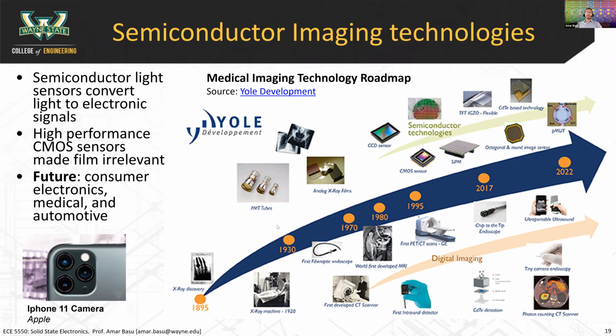All right, so this little map here traces the development of semiconductors and the role of semiconductors in imaging technologies. If you look historically back at 1895, this was a famous image of an X-ray. I wish I remembered the name of the scientist who invented the X-ray, but the story was that he took an X-ray of himself, and then he also took an X-ray of his wife.